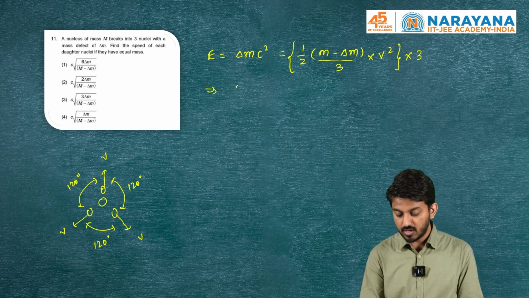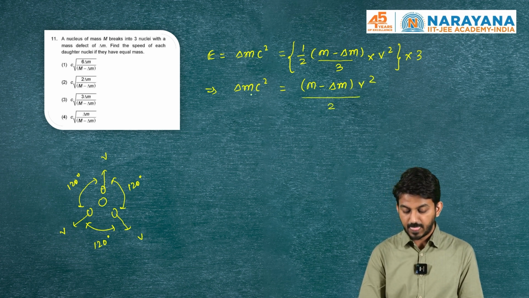Here, if we continue, I'll get delta mc square is equal to m minus delta m, v square by 2.